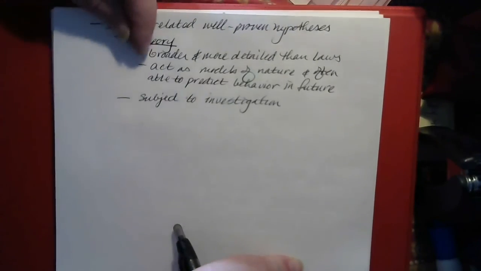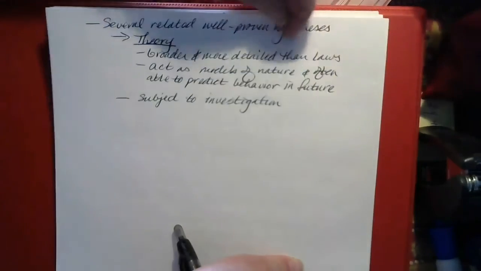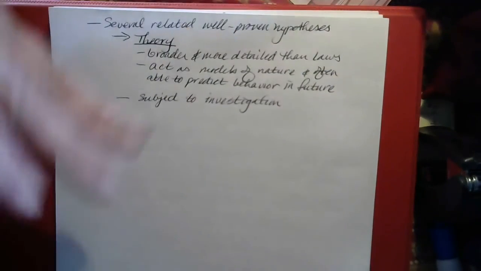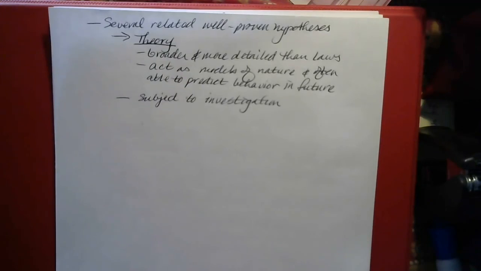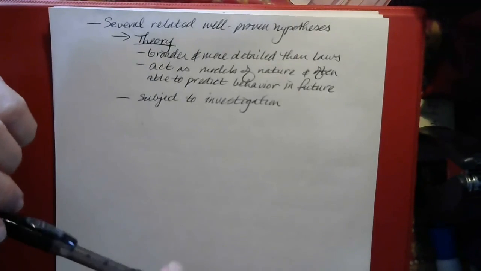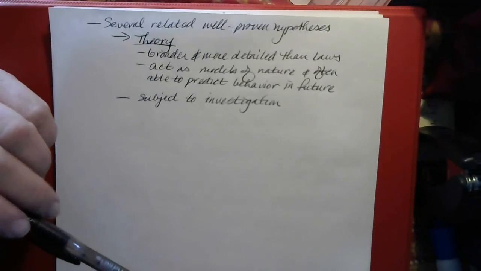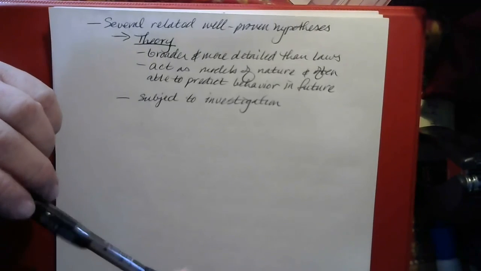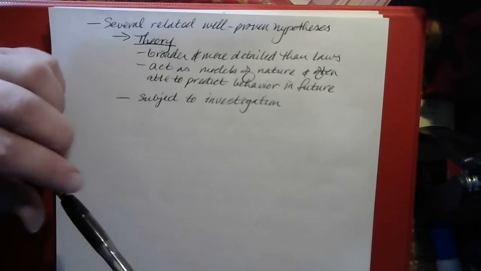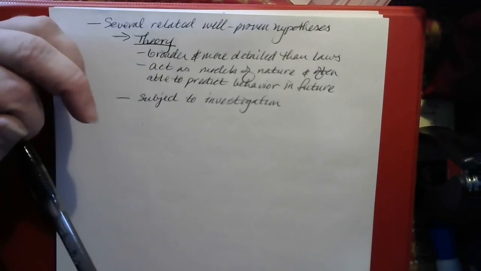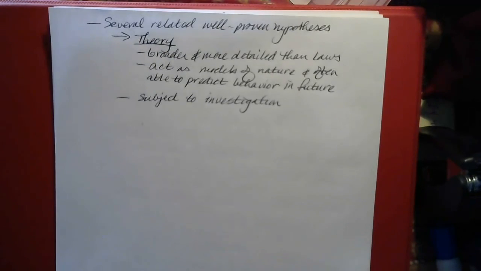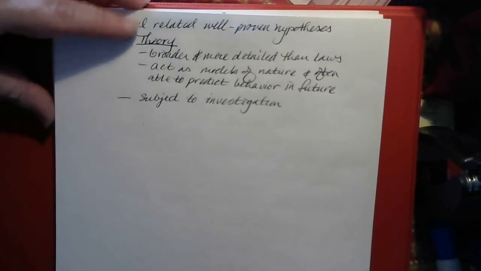In science, a theory is at a much higher level, and has been proven much more decisively than a hypothesis. So in science, by the time something is called a theory, it has a great deal of evidence behind it and essentially no evidence against it. So that's kind of the difference between science and everyday life.